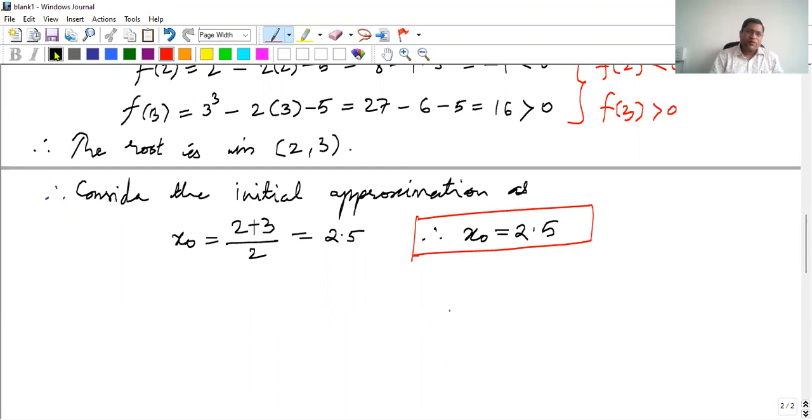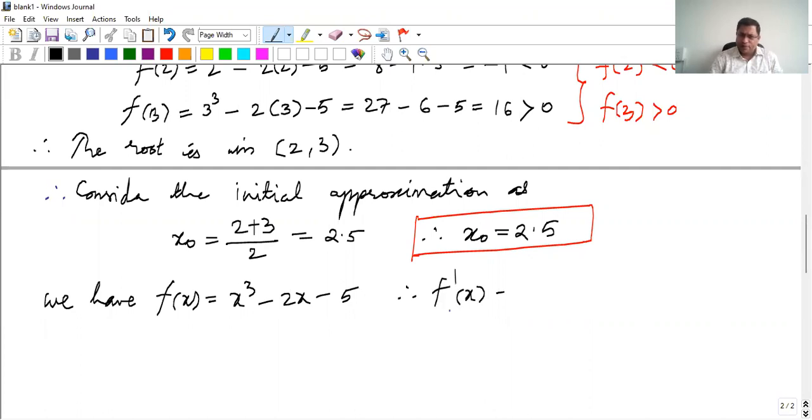Now we need to understand the function. We have f of x is equal to x cube minus 2x minus 5. And hence what will be f dash of x? Is it 3x square minus 2? Yes, sir.